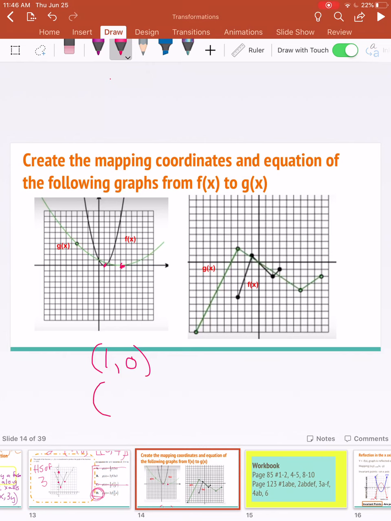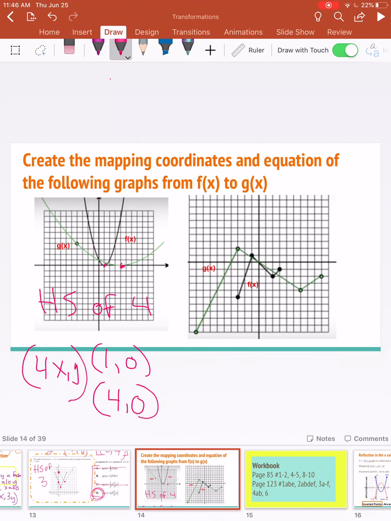My new graph, 1, 2, 3, 4, would have an x-intercept of 4, 0. So I would probably say there's a horizontal stretch then of 1/4. Or sorry, a horizontal stretch of 4. So then my mapping coordinates would be 4x, and the y would stay the same. The function equation, because you'll always be asked one of the three.